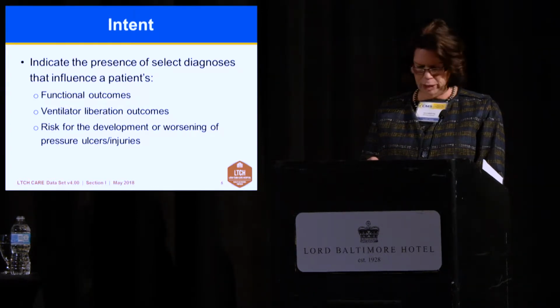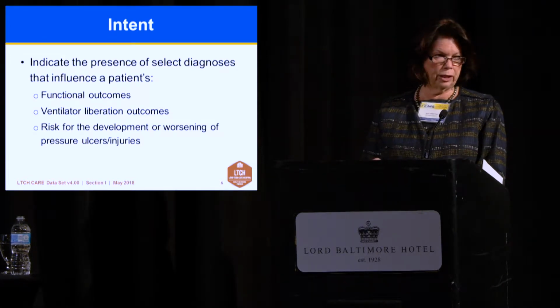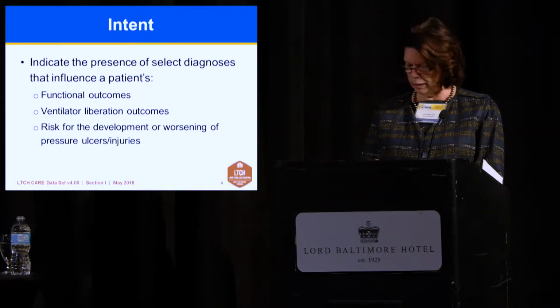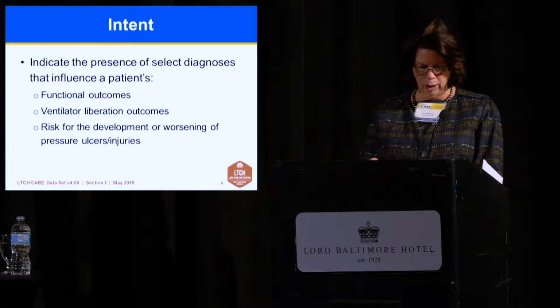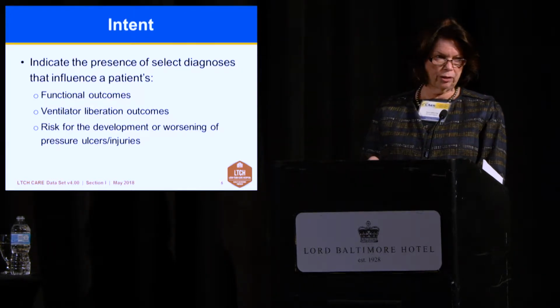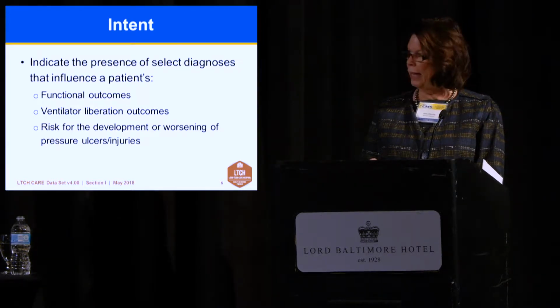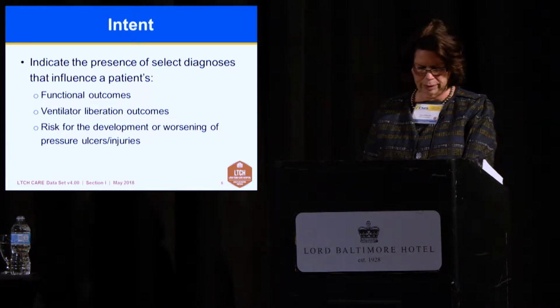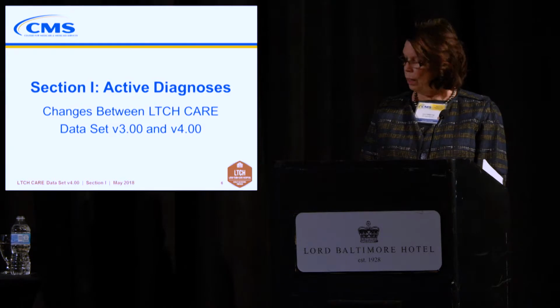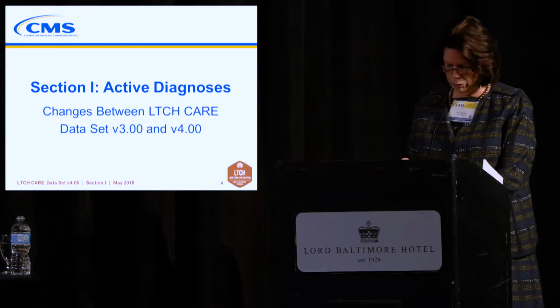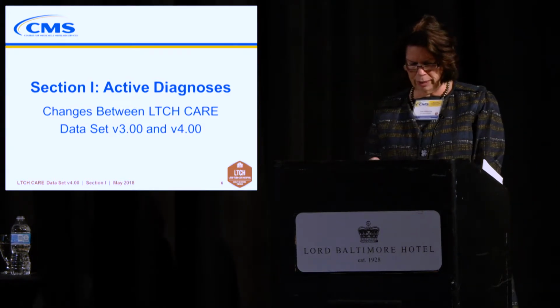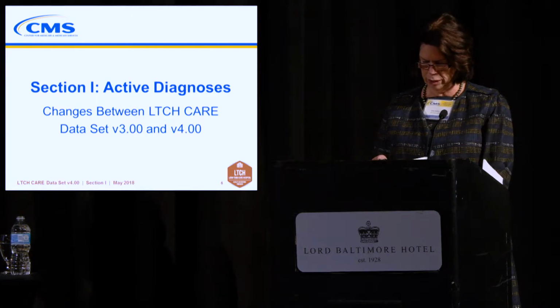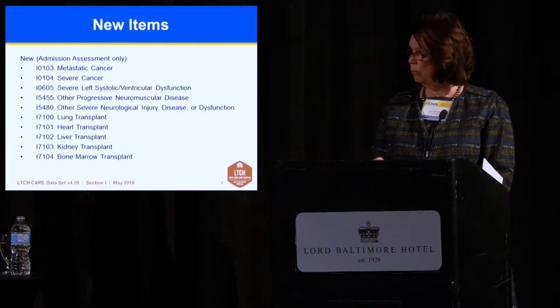As we all know, a patient's disease processes and conditions can significantly affect a patient's health status and quality of life. And this particular section serves to identify the active diseases and conditions that are associated with the patient's LTCH stay. In the next two slides, I will review changes between LCDS version 3.0 and 4.0.